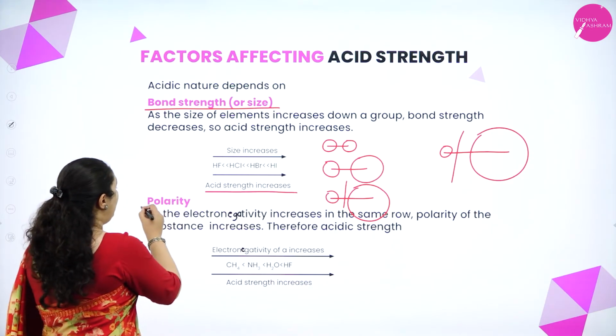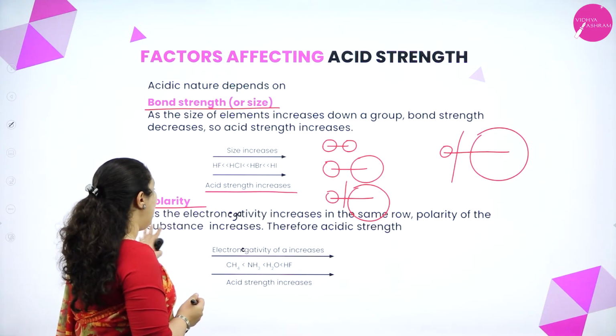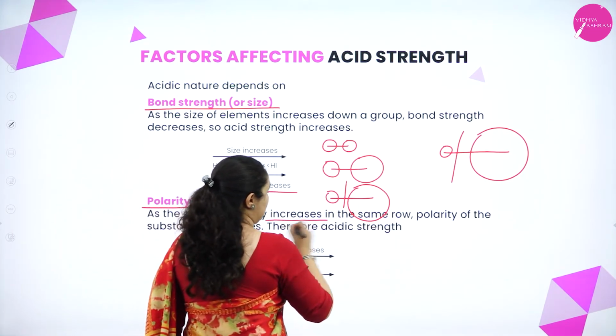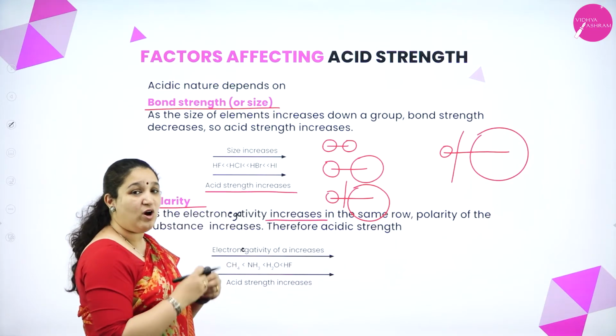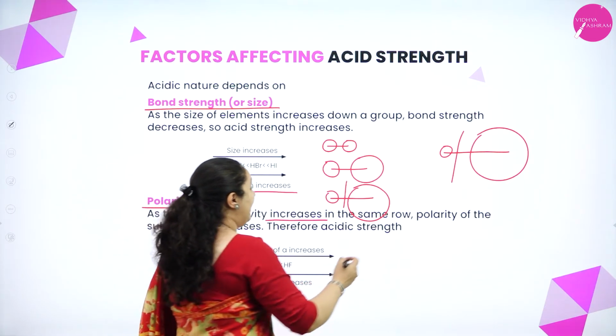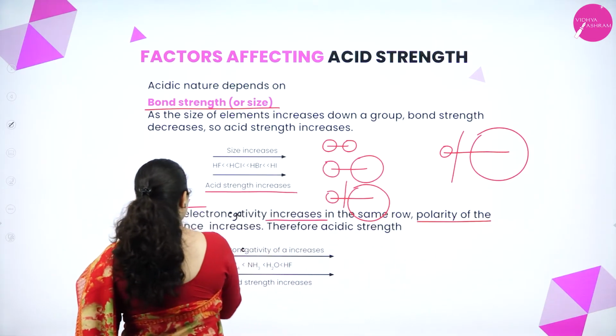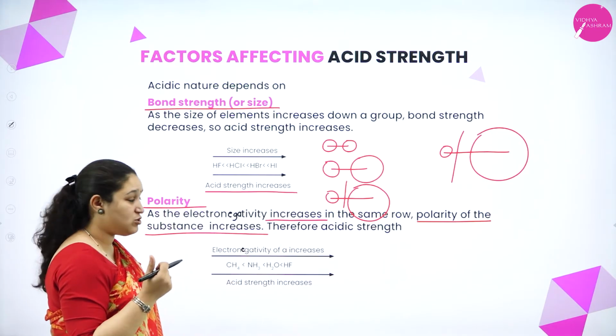Next is about the polarity or the electronegativity. See, as the electronegativity increases in the same row, then the polarity of the substance increases because the electronegativity difference also increases.